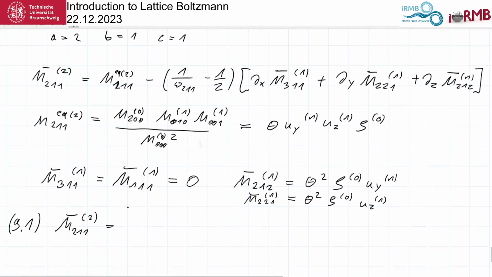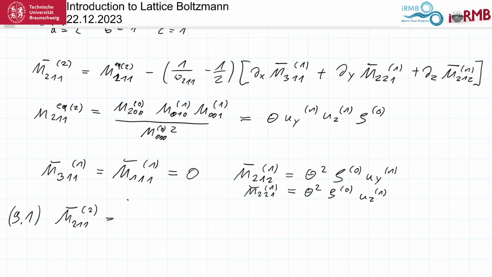Okay, so now with this in place, we can rewrite the equation again, where we replace the equilibrium: uz first order minus, now relaxation rate, omega 2 to minus 1/2.